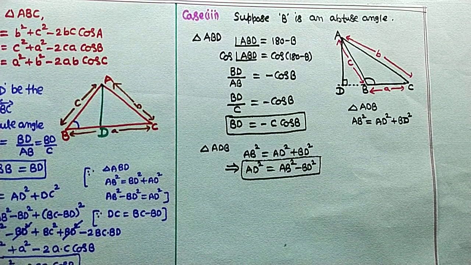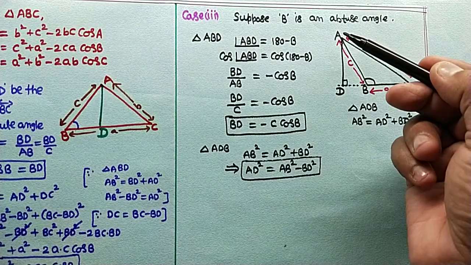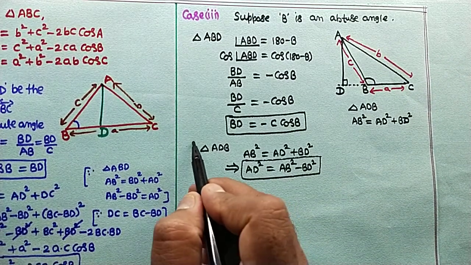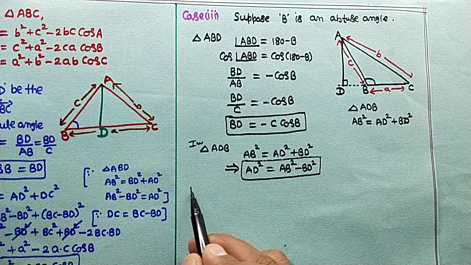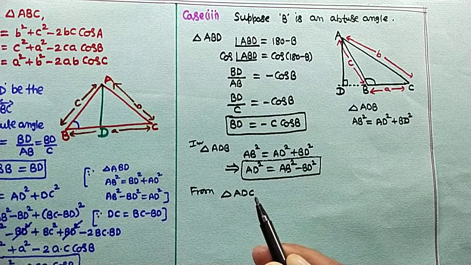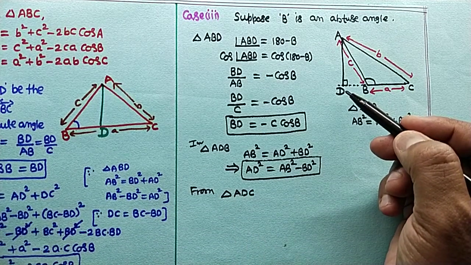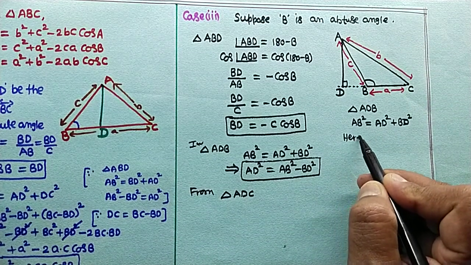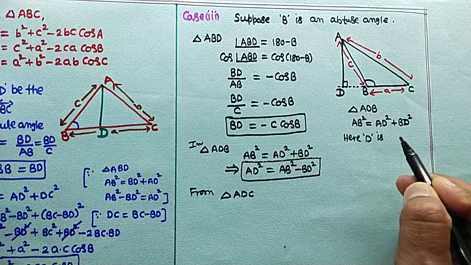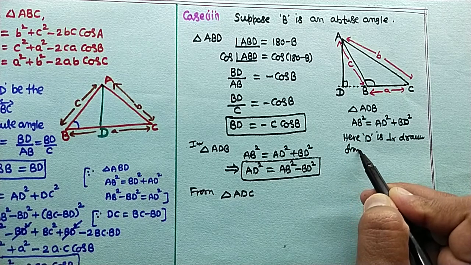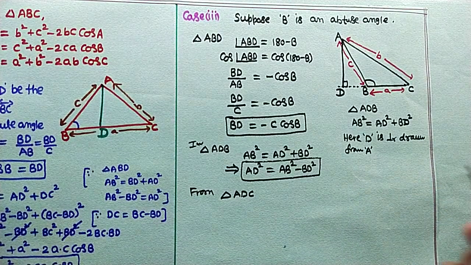After getting the value of AD square, now you can consider triangle ADC. From triangle ADC, I already explained that D is the perpendicular drawn from A and produced to the BC side.